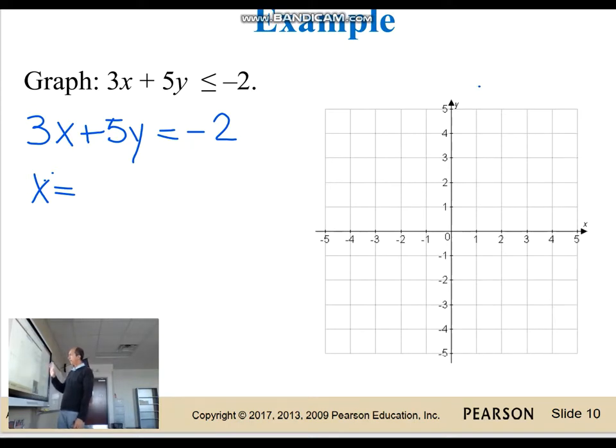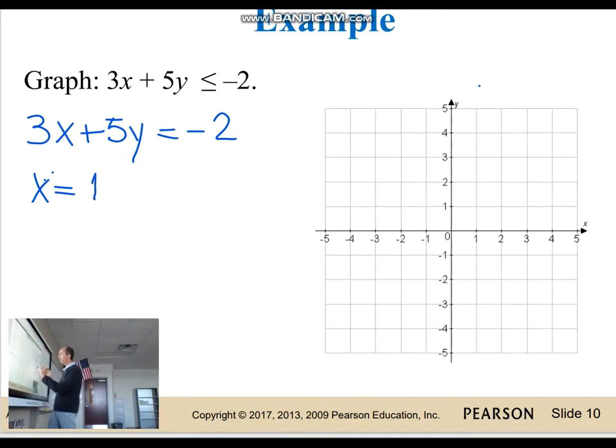But I think it would not be good because we're going to work with fractions. Probably if we work with x equals 1, it's going to be better. Let's try. If x equals 1, we're going to have 5y equals -5, y equals -1.